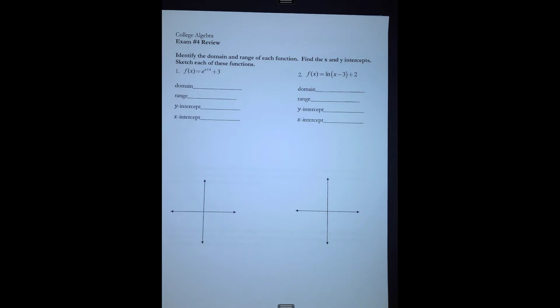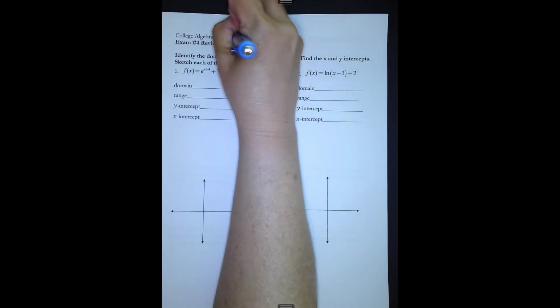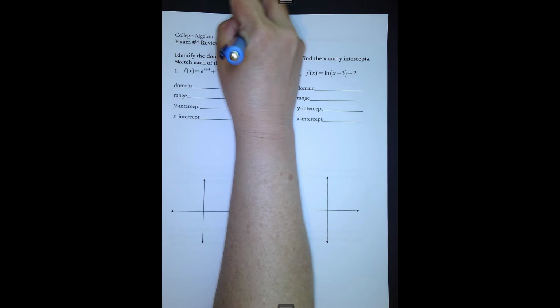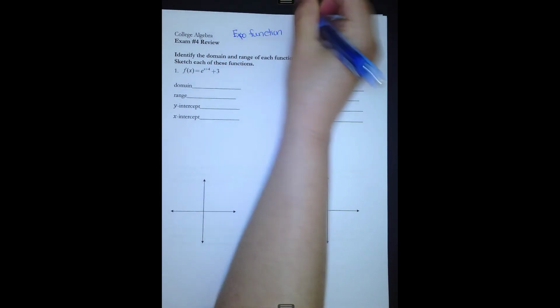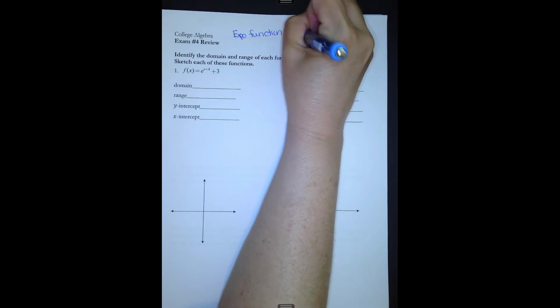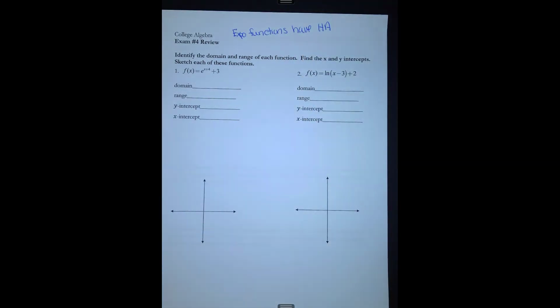And if we recall, exponential functions have horizontal asymptotes. And that horizontal asymptote, if we remember, is going to be an equation.